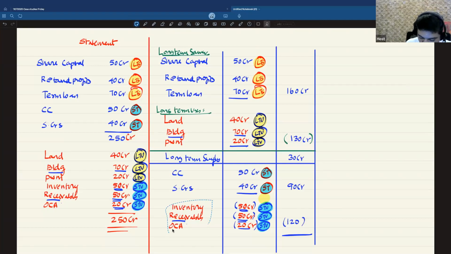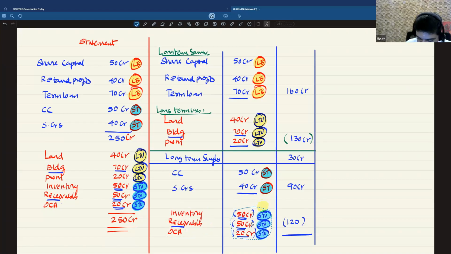On the short-term front, they have a deficit. Now, for a fair presentation, I'll just bring this 90 crore over here. You will understand why I have done that. See, look, they have 90 crore. Now, using this 90 crore, whether this 120 crore spending is possible, it is not possible. So you have to recognize that from 90, 50 is paid off, another 50 is paid off, another 20 is paid off. It is not possible.